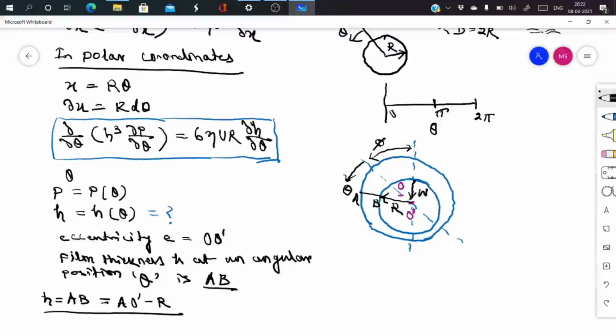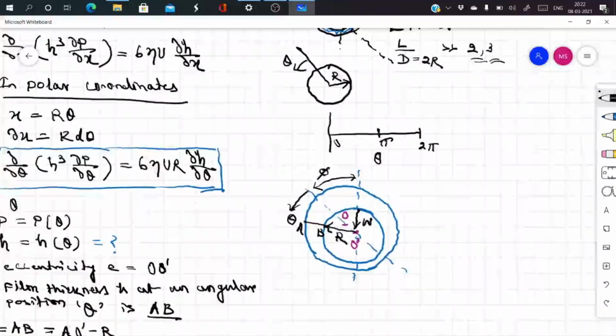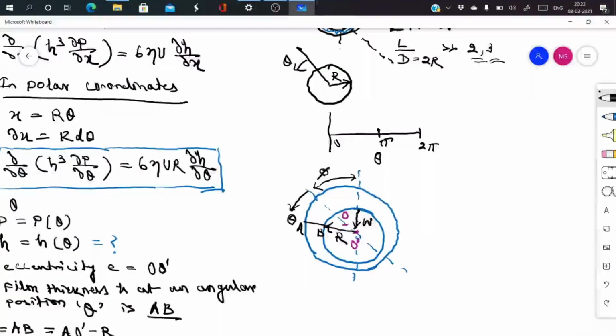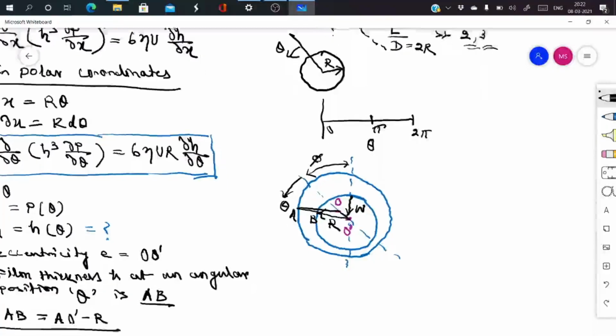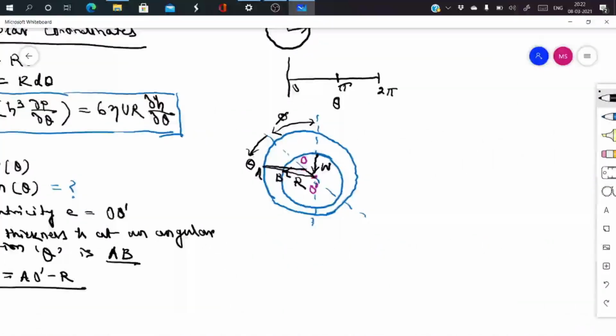Now let us join the line AO dash, AO, and make a triangle like this. So let me draw this triangle in slightly zoomed version.